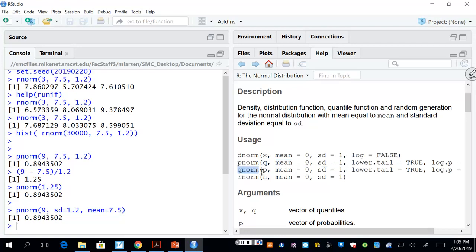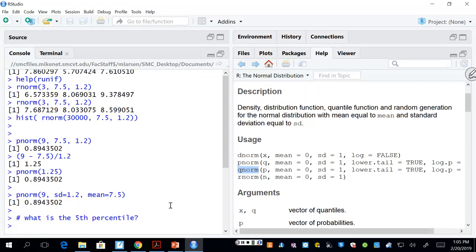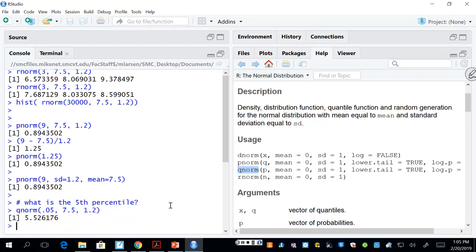qnorm gives you the quantiles or percentiles. So what percentile would you be interested in? What's a low weight baby? What's the 5th percentile? Well, with qnorm you put the percentile you're interested in, like 5%, and then the mean and standard deviation. And so 5.53 pounds would be the 5th percentile for a term baby.